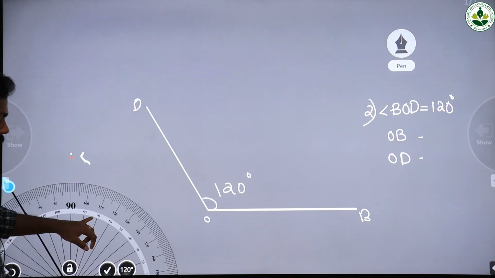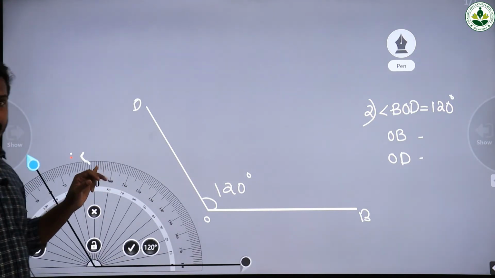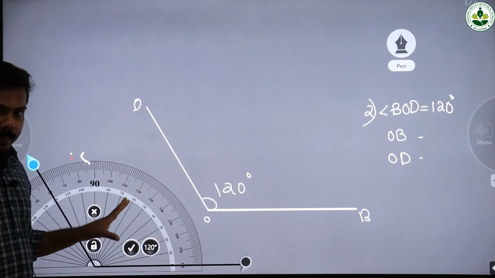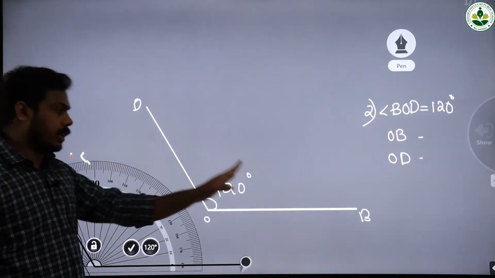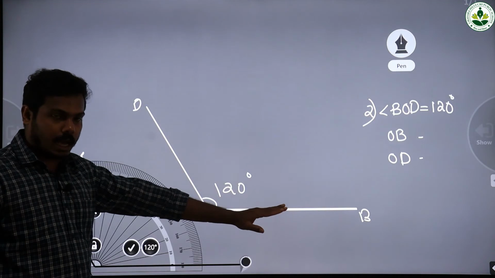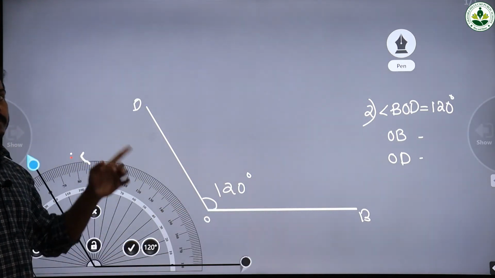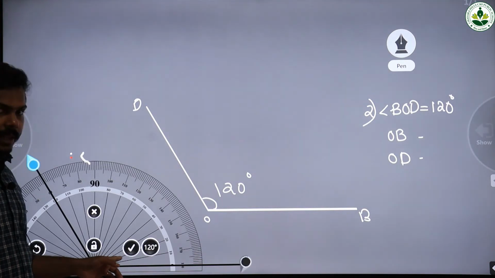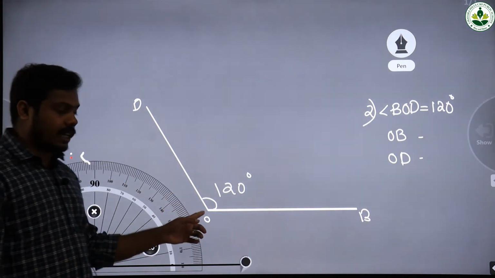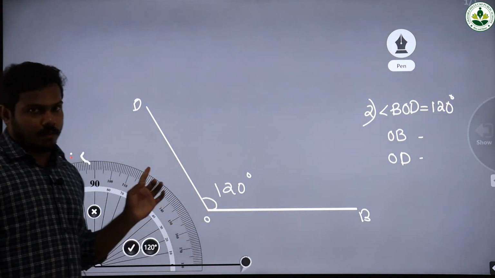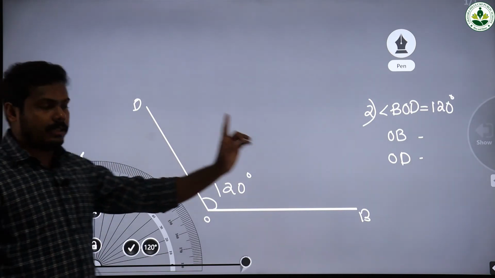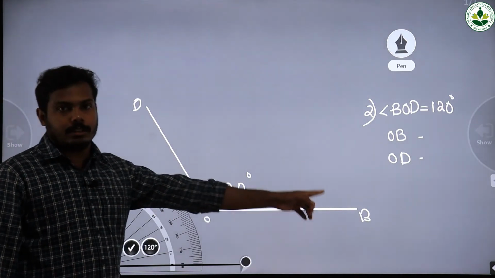First we place the baseline of the protractor over the arm OB in such a way that the center of the baseline lies exactly over the vertex. Then start measuring from 0.